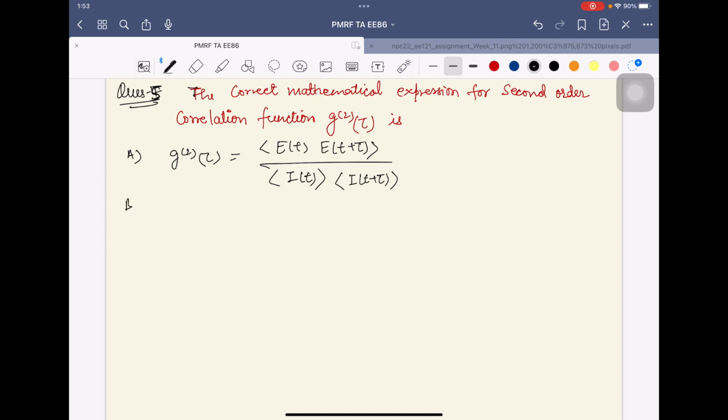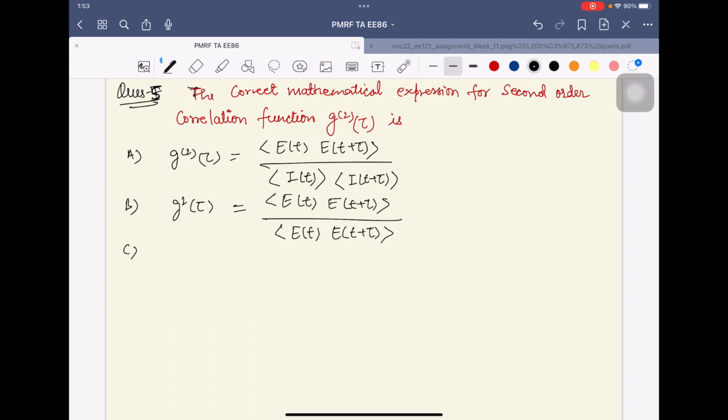The B option is G2 tau is equal to E(t plus tau) divided by E(t plus tau).